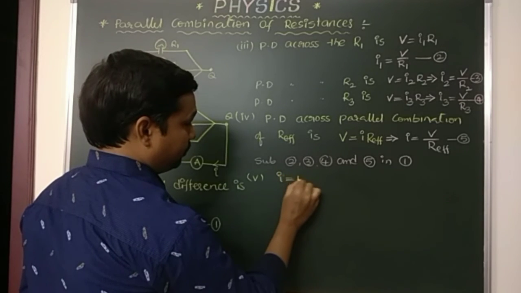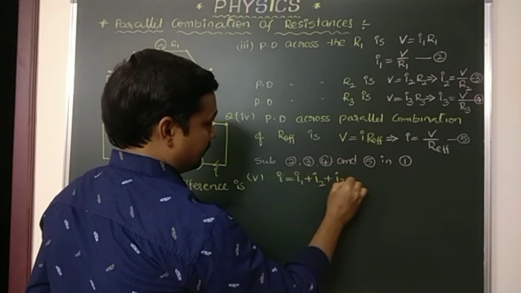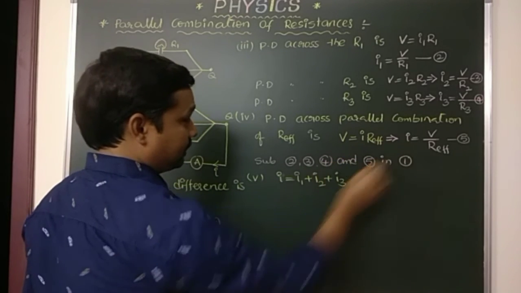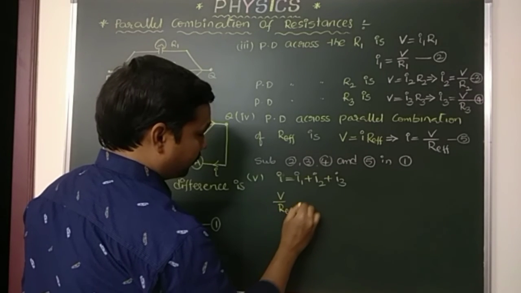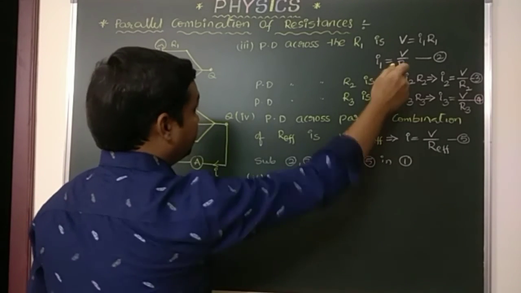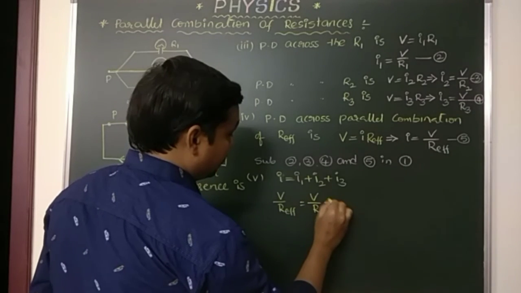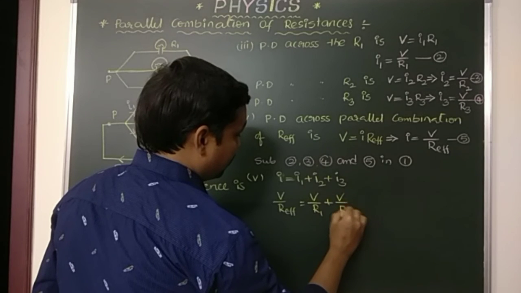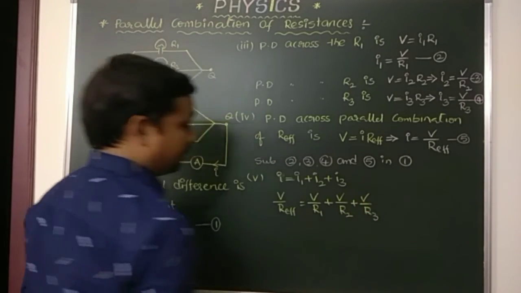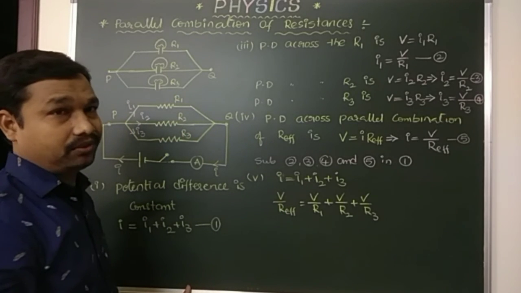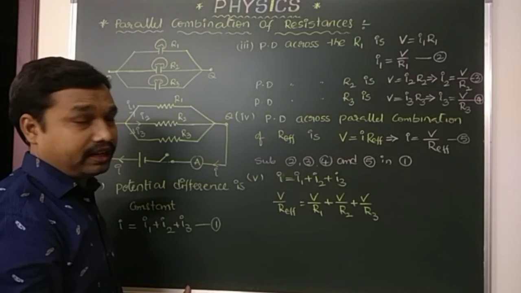I is equal to I1 plus I2 plus I3, but the I value is V by R effective, which is equal to V by R1, from equation number 2, similarly V by R2 plus V by R3. In all the terms V is there in the numerator, on the left side and right side, so it is common and gets cancelled.